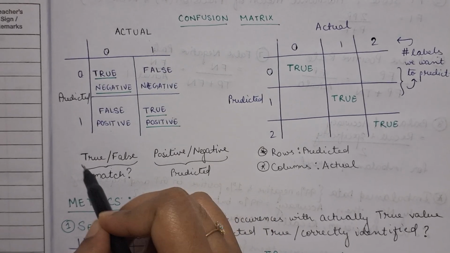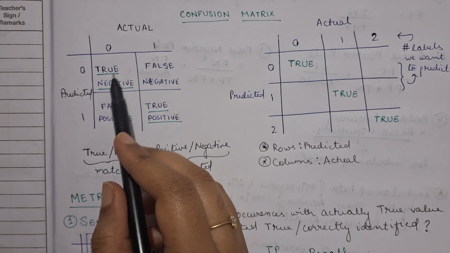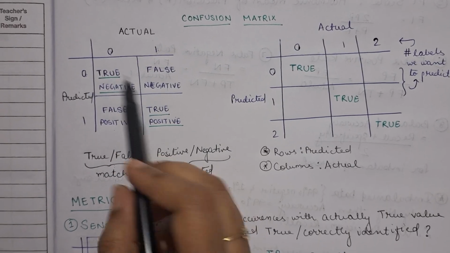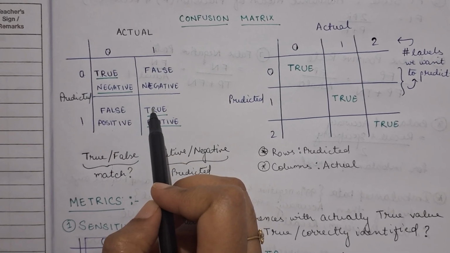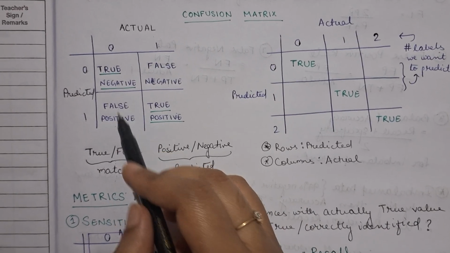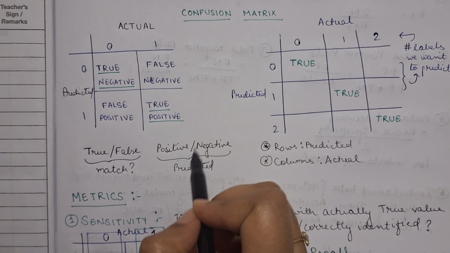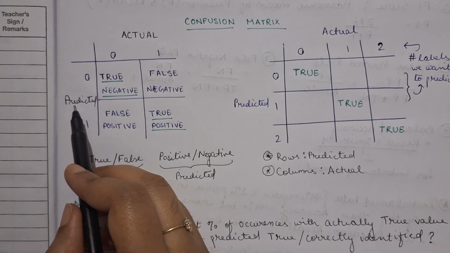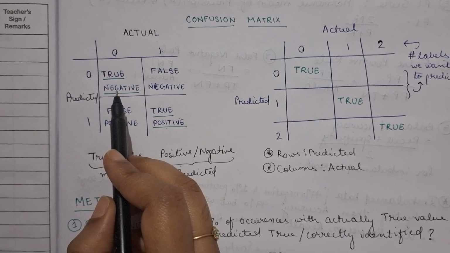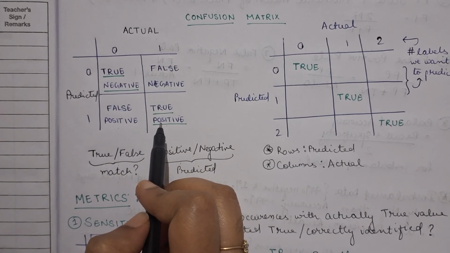So the first part, out of true positive, true negative, the true part is whether it is matching or not, and the second part is positive or negative. Whatever we have predicted, we write that part. If we have predicted negative, it's negative. If we have predicted positive, then it's positive.